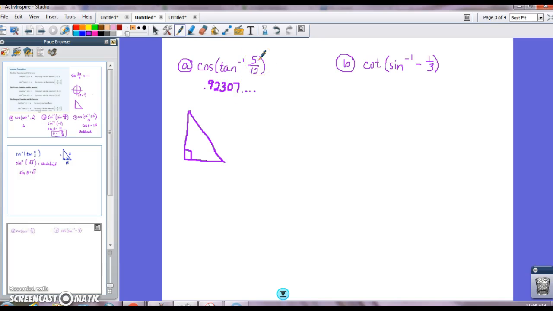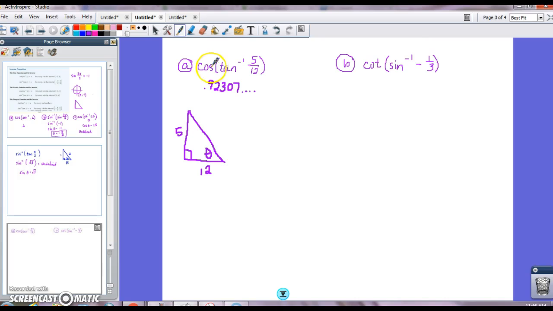And you say, okay, if this is my theta here, and it really doesn't matter where you put theta. You could put it up here or down here. If here's my theta, I'm saying the angle whose tangent is 5 over 12. So this is 5 and this is 12. Okay? Because tangent is opposite over adjacent.